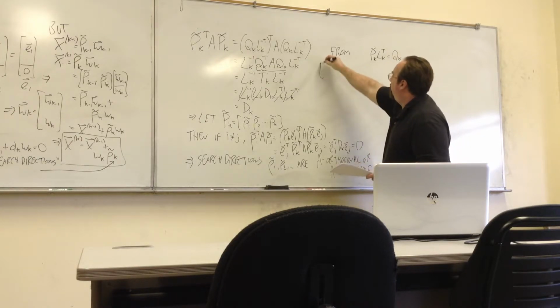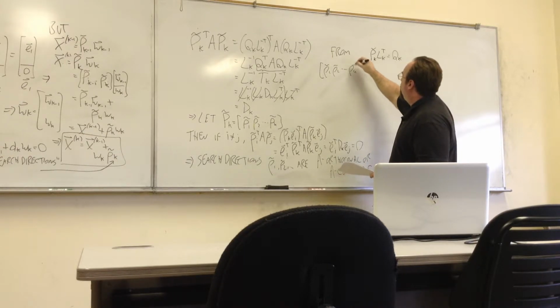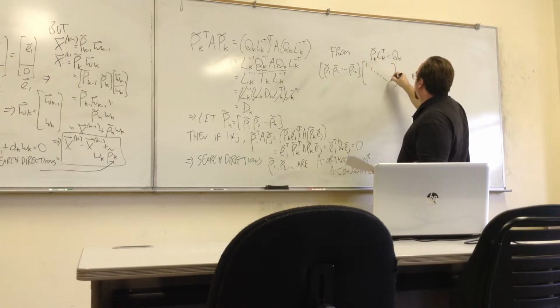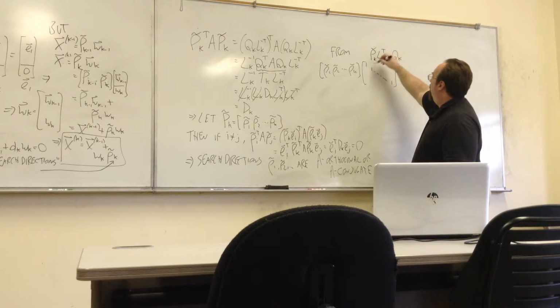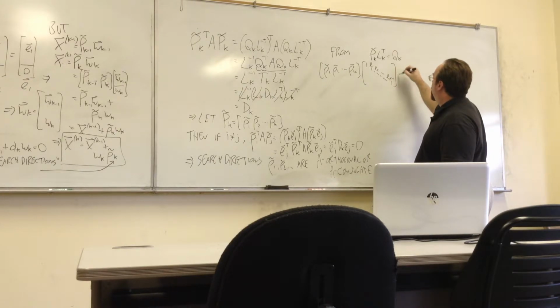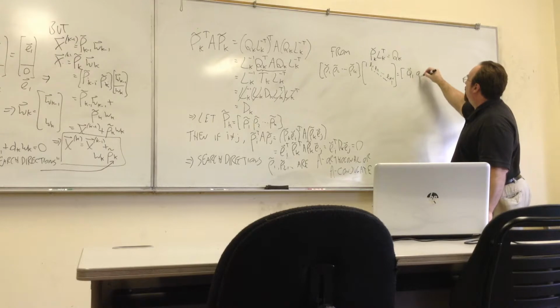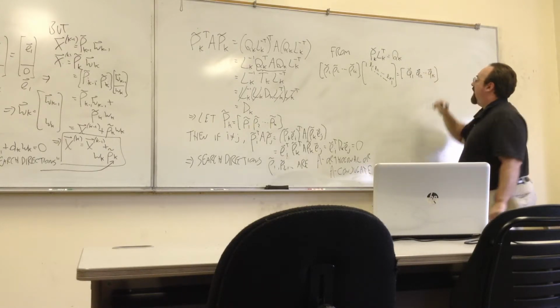I have P1 tilde, P2 tilde, Pk tilde, search directions. And then my matrix has 1s on the diagonal, and then I have my off-diagonal entries, L1, L2, up to Lk minus 1, equals the columns of this matrix, which is Q1, Q2, up to Qk.